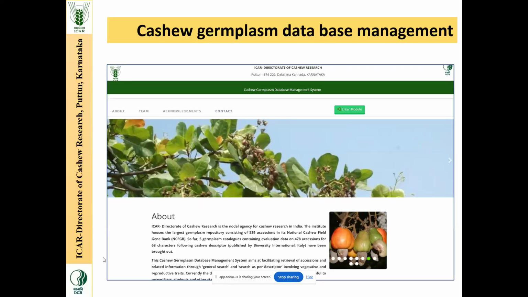Coming to the website, that is the Cashew Germplasm Database Management. This is one useful website which gives the complete information about the genotypes, the diversity of genotypes which we have conserved in our National Active Field Gene Bank.